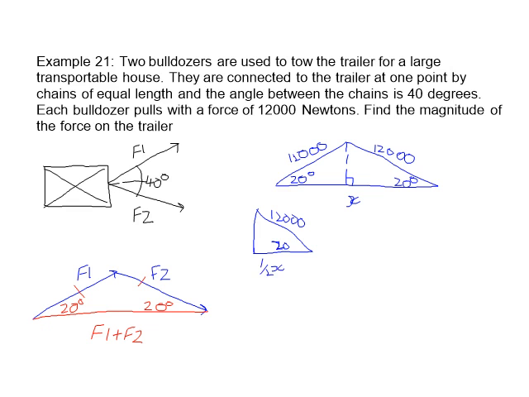So that's our opposite. So we've got adjacent and hypotenuse, that's cos. So we're left with cos 20 equals adjacent, which is half x over 12,000.